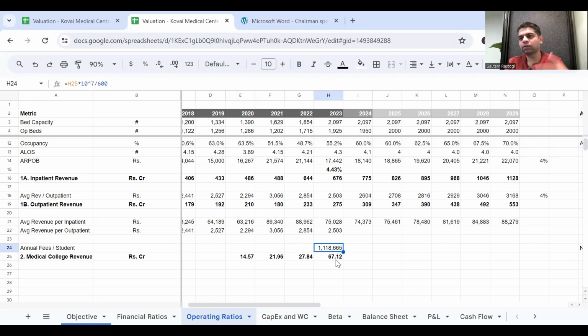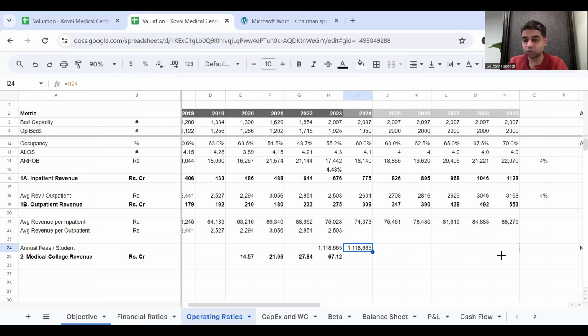When I say blended, I mean it's a combination of the medical quota, NRI quota, the management quota, and then you have the government quota. So it's a blended average. I would assume the same fees for the future years as well.